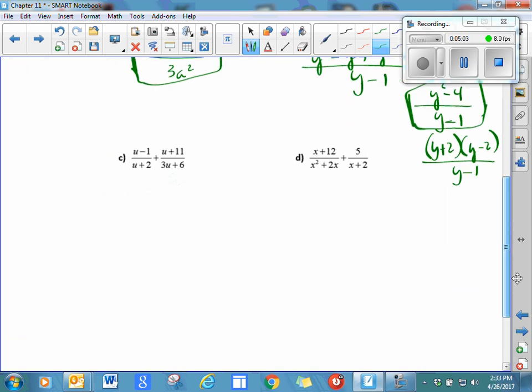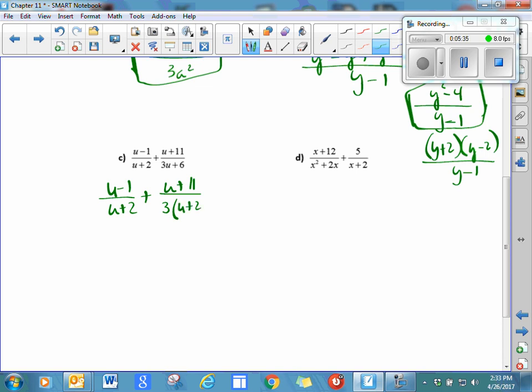All right, let's do 2 more examples, C and D. Now we've got denominators that need to be factored before we find the LCD. So the u plus 2 looks okay, but when I look at the 3u plus 6 on the bottom, I need to factor out the GCF, and this is why we've done so much work on pulling out GCFs.